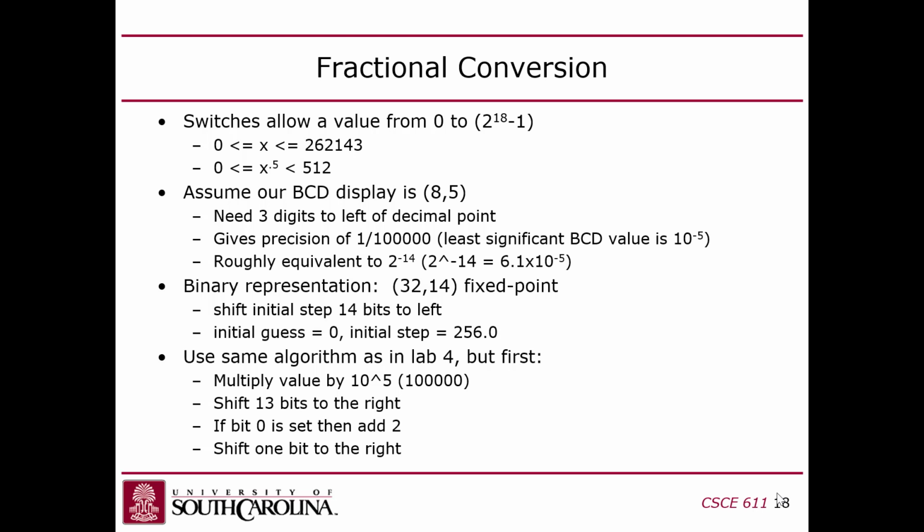Now there's a way we could get close. The problem is that this is actually less accurate than the hex displays, because the hex displays are 10 to the negative 5th is the unit in the last place, whereas a 14 fractional bit is 2 to the minus 14th unit in the last place, which is actually 6 100,000ths, right?